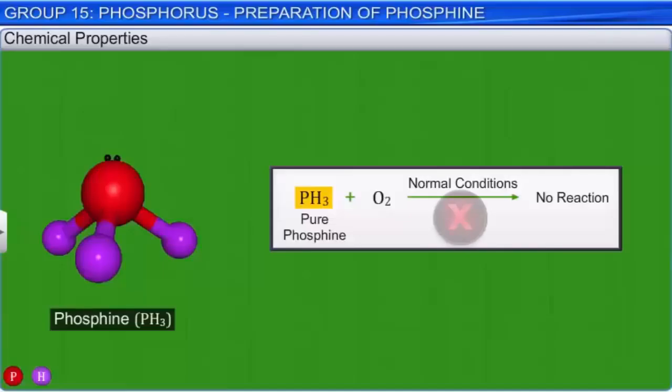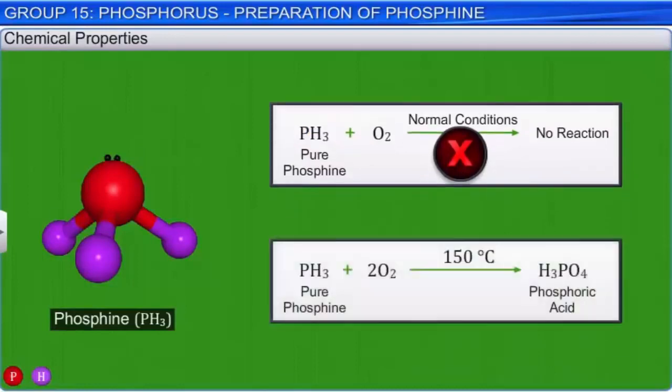Pure phosphine is non-combustible at normal conditions, but catches fire when heated to about 150 degrees Celsius to form phosphoric acid.